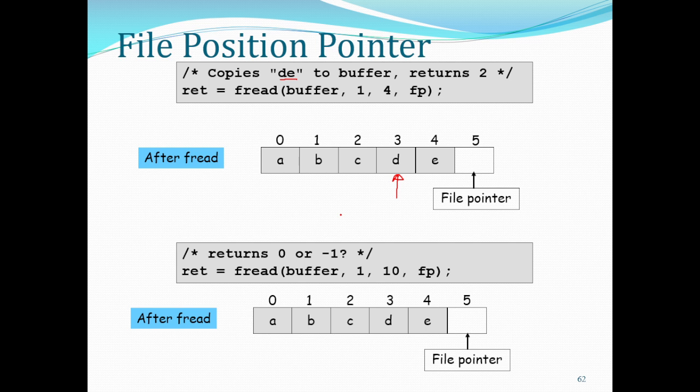And let's say if I run this command to read 10 more bytes from here, it will give me -1 or 0. I mean, it will be an error, which means we have already reached the end of file.